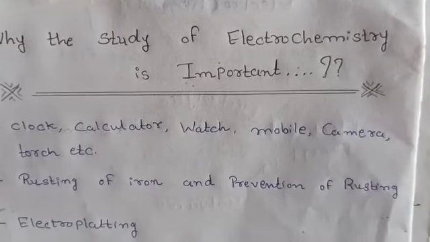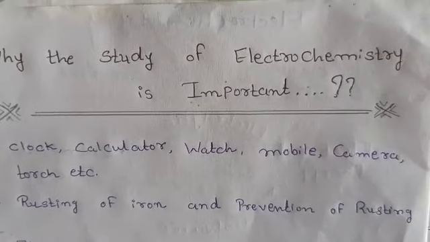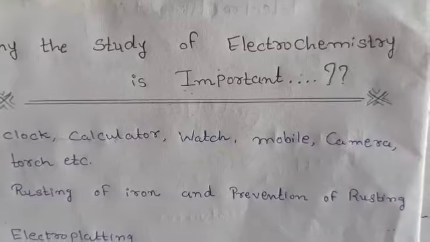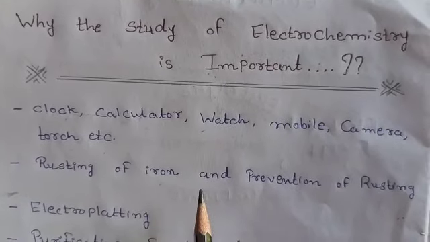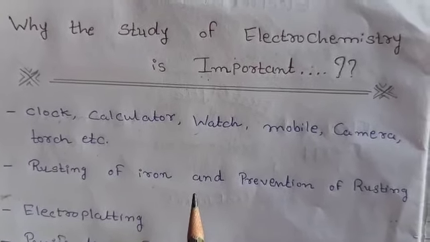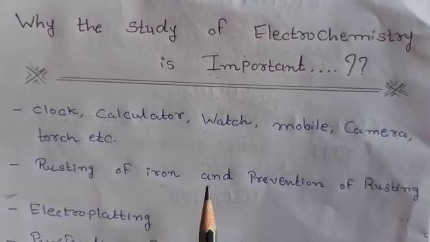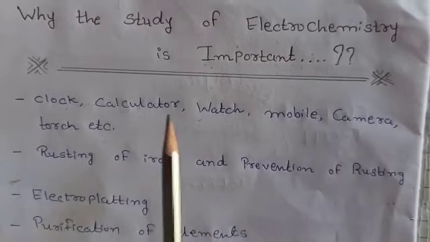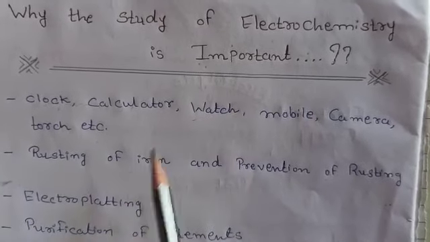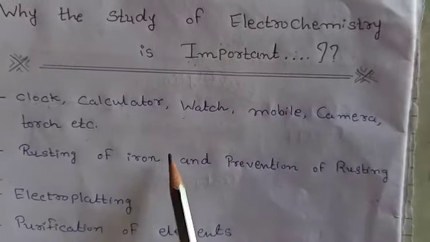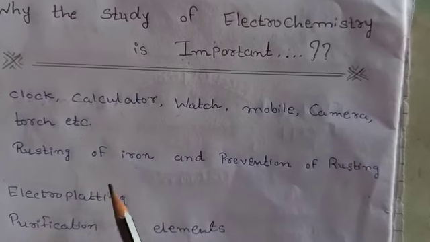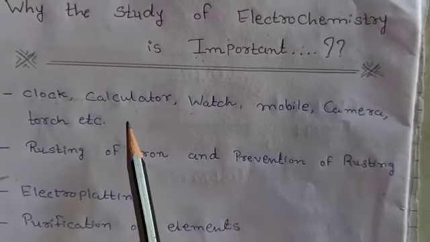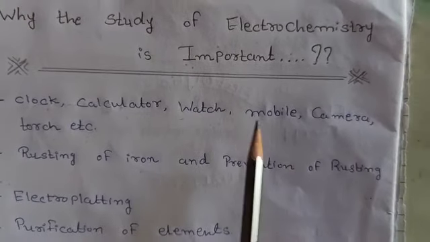We saw what electrochemistry is, but the main question arises: why is the study of electrochemistry important? The answer is that electrochemistry has a significant role in our everyday life. In our everyday life we use calculators, clocks, watches, mobile cameras, torches, remotes, cars. In these things we use cells or batteries.